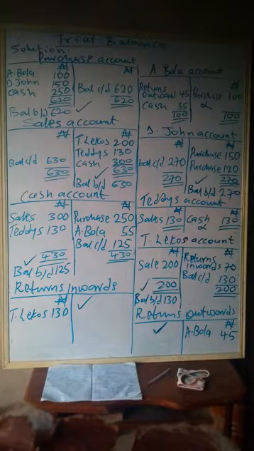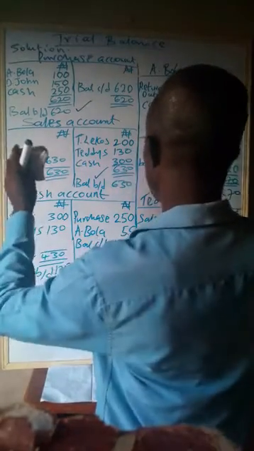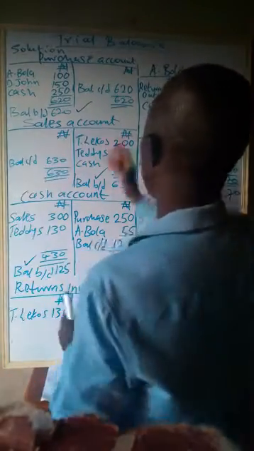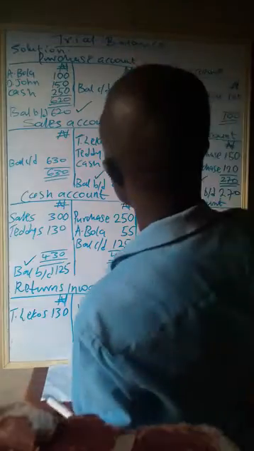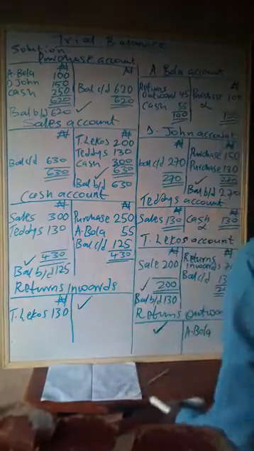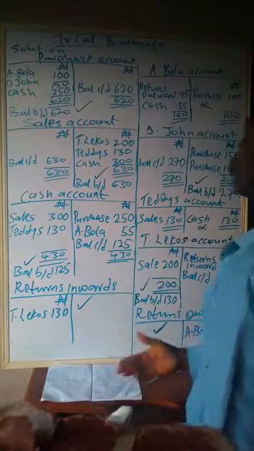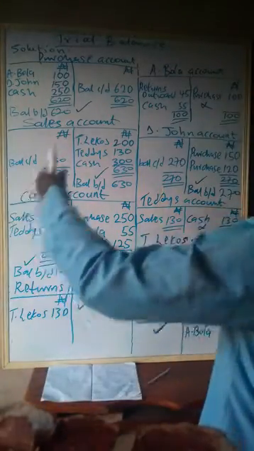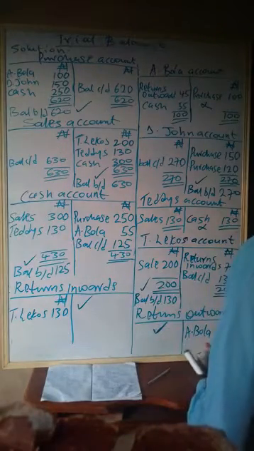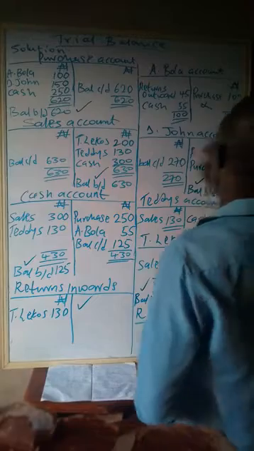I have to rub this off now and present the trial balance. These are the balances from the previous lecture. In that lecture, we presented the illustration, and from the illustration we brought out these accounts to arrive at these balances. It is the balances that we are now posting to the trial balance. From the trial balance, it will go to the P and L. So I rub this off so that I can present the trial balance.